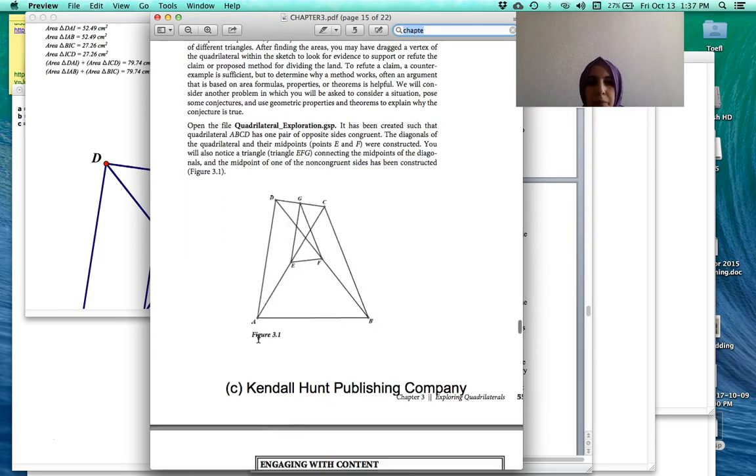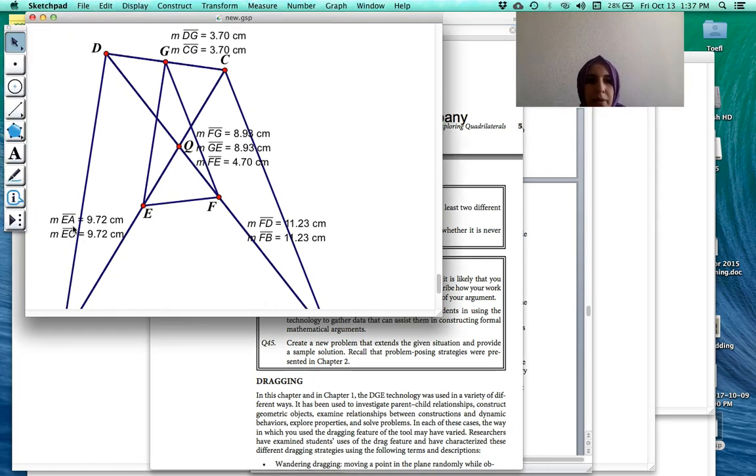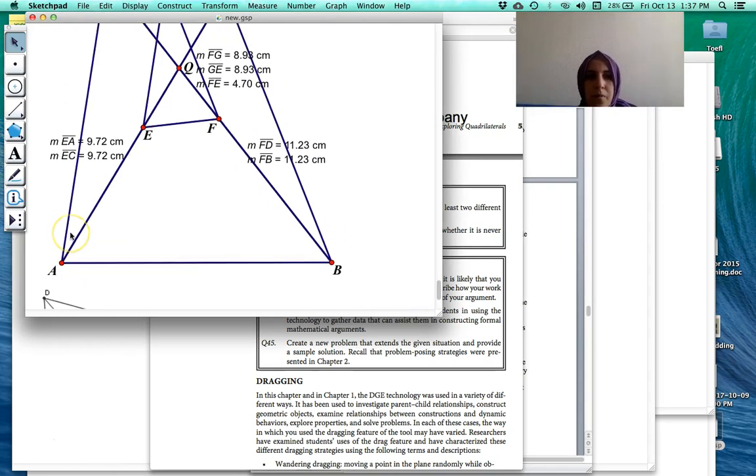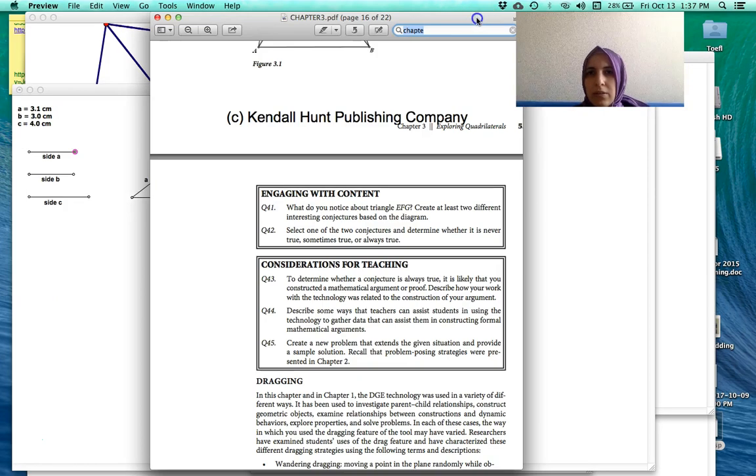Question 41. What do you notice about the triangle EFG? Create at least two different interesting conjectures based on the diagram. Yes, this is a diagram. As you see, I found these numbers and I found two conjectures.